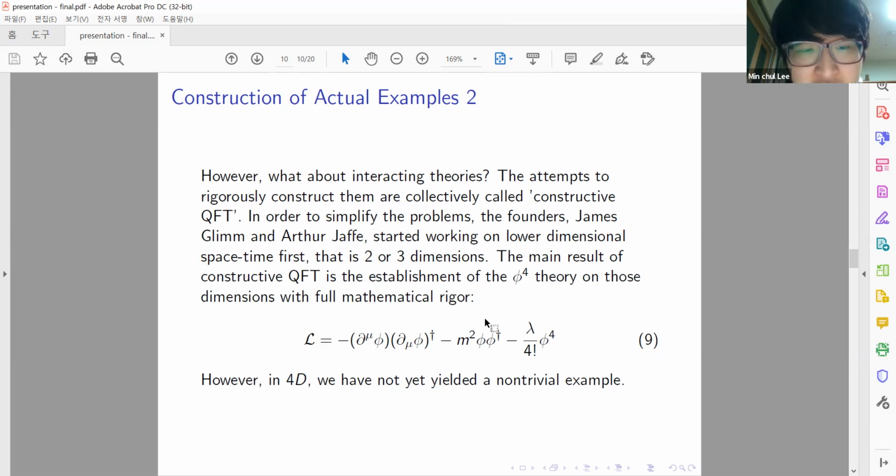The main result of the constructive QFT is the establishment of the phi-4 theory on those lower dimensions with full mathematical rigor. That is a scalar field theory with this interaction phi-4 term. However, in 4 dimensions, we have not yet yielded any non-trivial example, and the Navier-Stokes equation is in line with these attempts to construct a non-trivial example in 4-dimensional space-time.